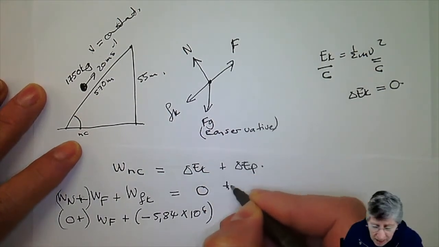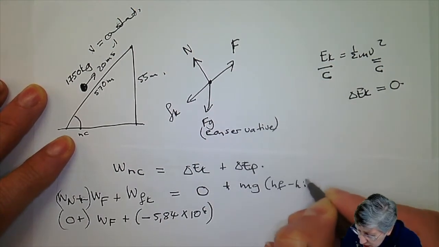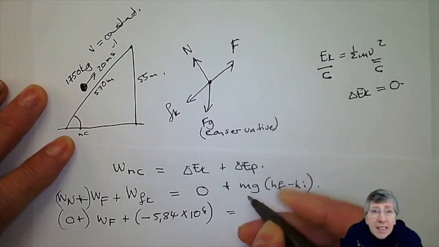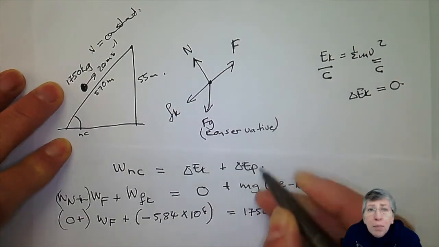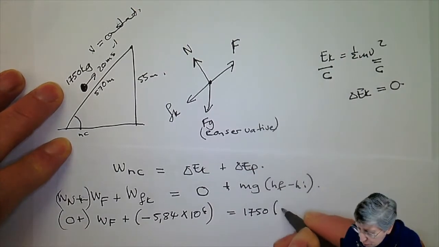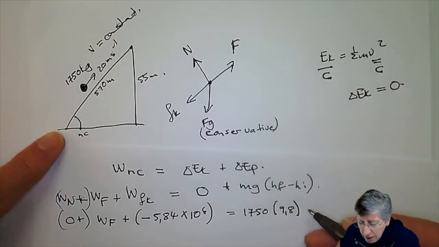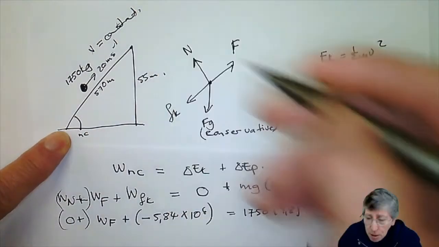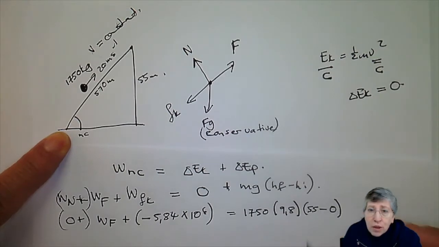Then we get to m, g, and h final minus h initial. Mass, they gave us 1750. G, remember we were doing energy, so I'm not putting a plus or minus with that 9,8. Final height, now it's going up the slope, so the final is 55 and the initial was 0.